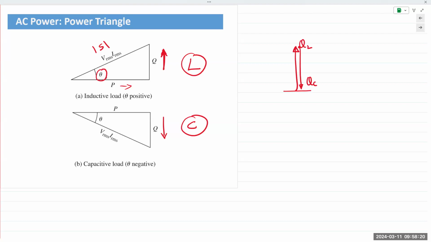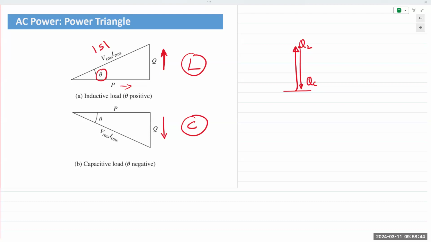Capacitor has negative reactive power. It absorbs energy in the negative half cycle and sends it back out in the positive. So when you place it in the same circuit as an inductor, it reduces the requirement of reactive power Q. Remember, they're complex quantities.